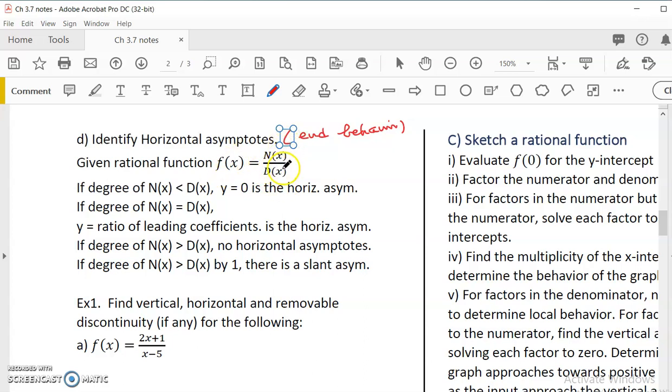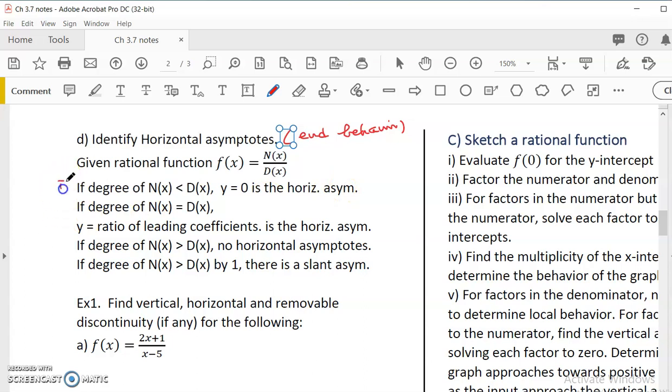Which one is growing faster? It happens that it's controlled by the degree. If the numerator's degree is lower, then the denominator will grow faster. So when you have a really big number in the denominator, the f of x value will become 0. So y will be approaching 0, and that is the horizontal asymptote.